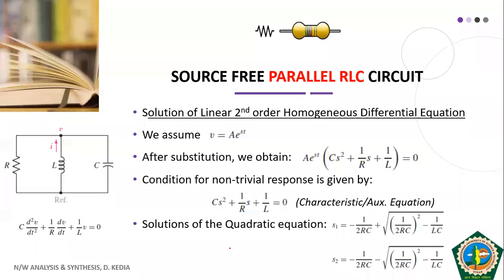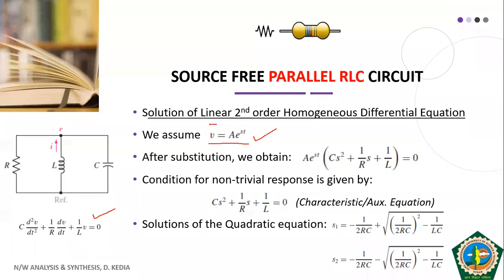Now we come to the solution of the equation that we developed in the previous slide. This is the equation which I have reproduced here for your ready reference. Students, the way we got the natural response in case of RC and RL circuits, we assume first that the same kind of response will be obtained in case of RLC circuit as well. But there is a change here.